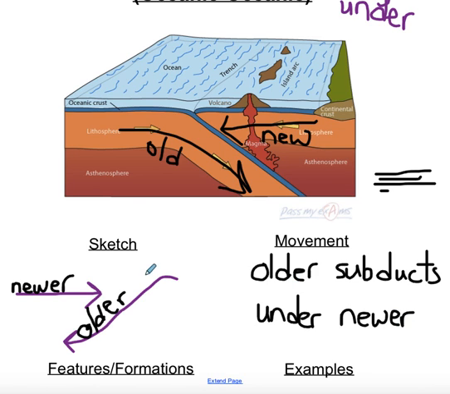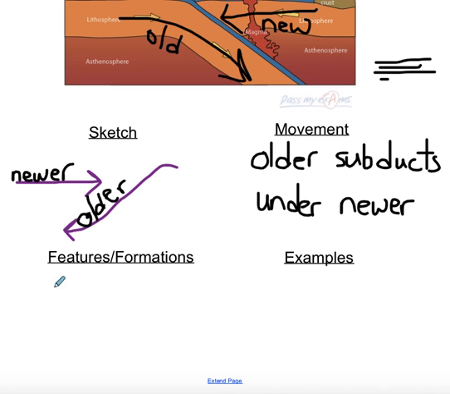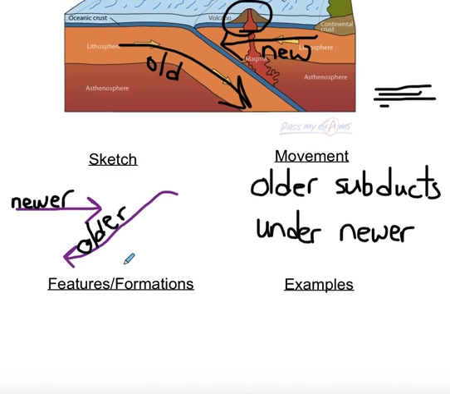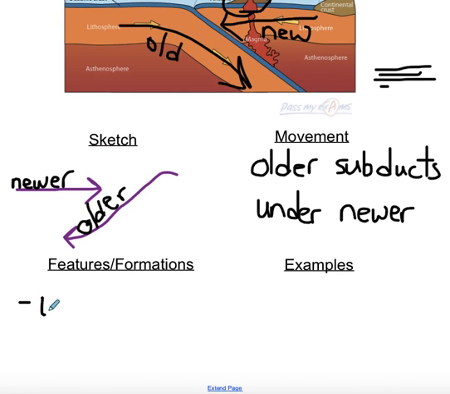The older crust subducts under the newer one because it's more dense, it's heavier. And this forms, you can see in this picture right here, a volcano underwater. Forms underwater volcanoes.